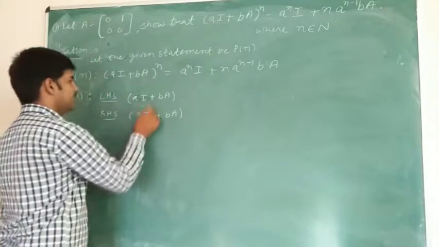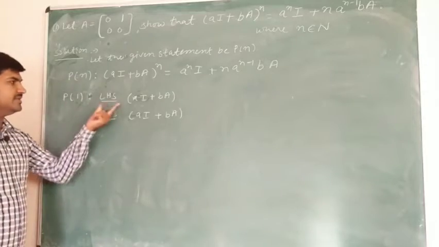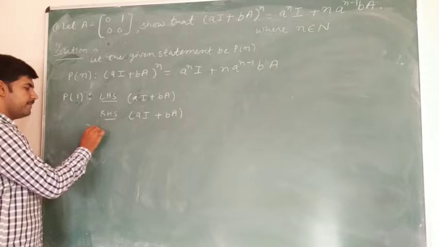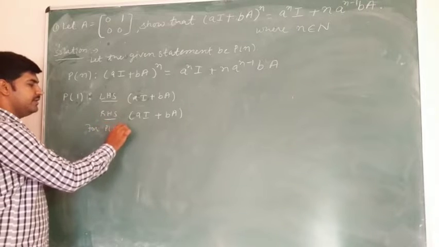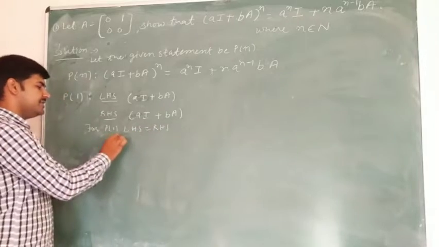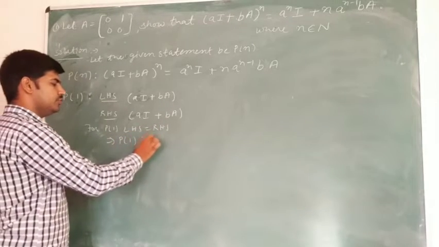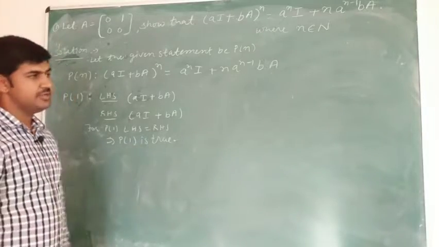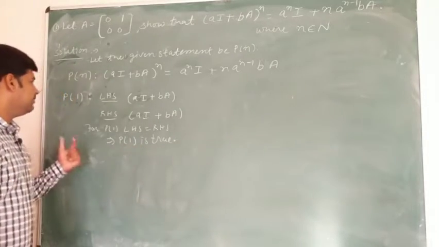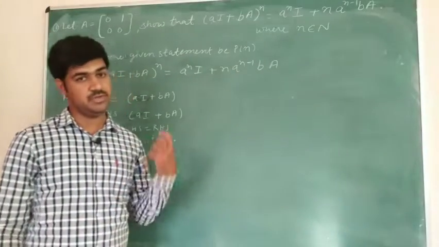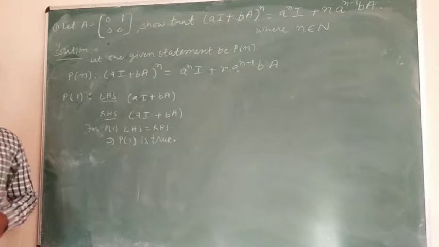You can see for P1 the LHS is equal to the RHS, so you can write that for P1 LHS is equal to RHS, that implies that P1 is true. Students, the first step of the principle of mathematical induction is done, and the first step is checking whether P1 is true or not. So yes, P1 is true here, so now we can move on.